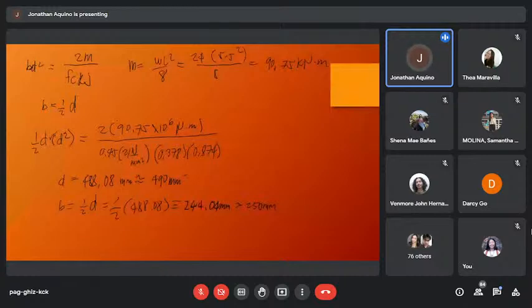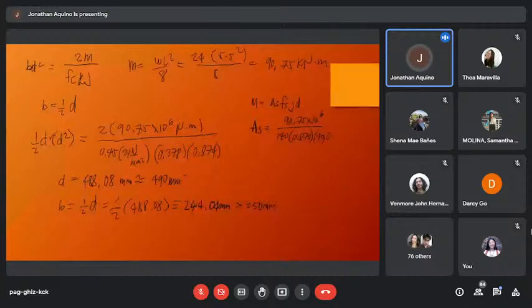AS. So M is equal to AS Fs times jd. So moment natin is 90.75, or just simply AS is equal to M over Fs j d. So 90.75 times 10 to the 6 Newton millimeter divided by Fs of 140 times j of 0.874 times d of 490 millimeter.